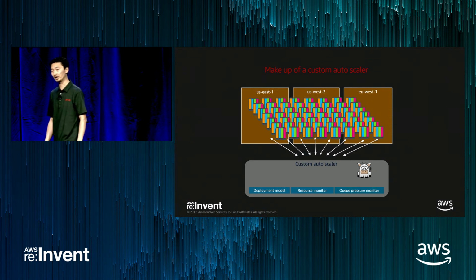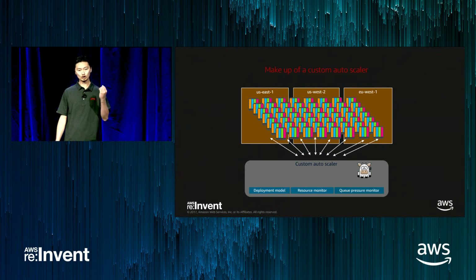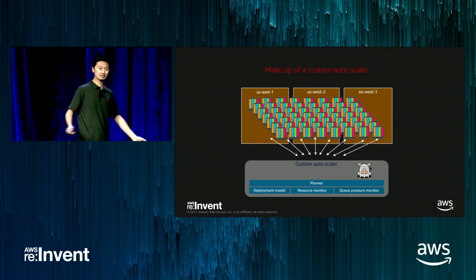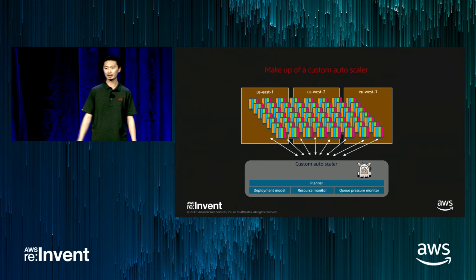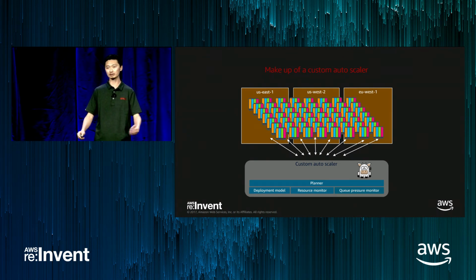And then, of course, we have the queue monitor. We also call it the barometer, that looks at every queue for every microservice in every farm, and we maintain that to help guide us in figuring out how much resource is needed. All of this information is fed into the planner. We have a planner that makes a plan every 10 minutes because we believe that things change in 10 minutes.